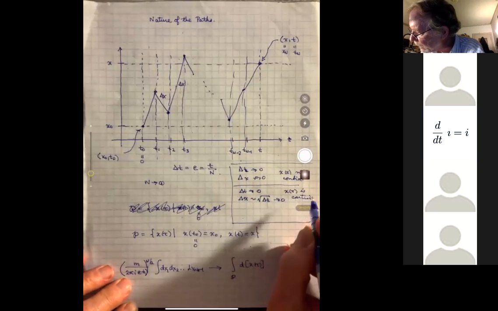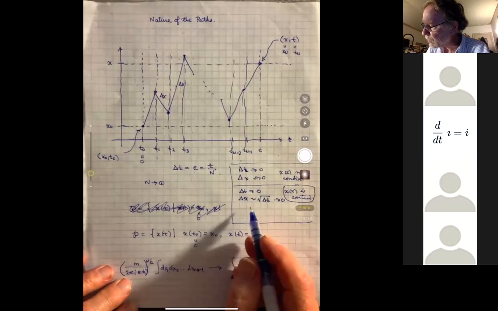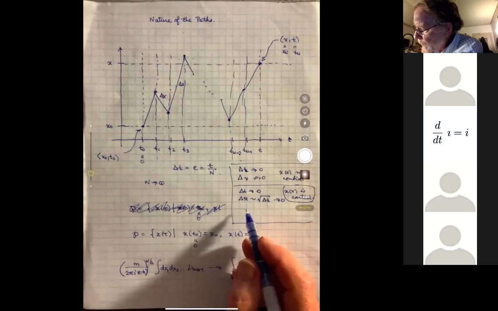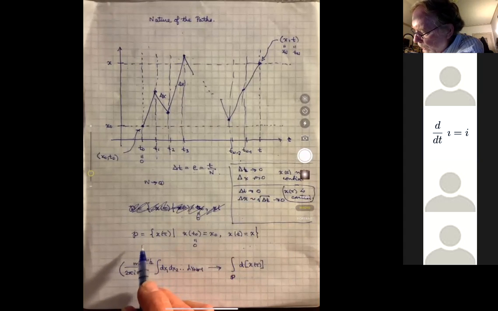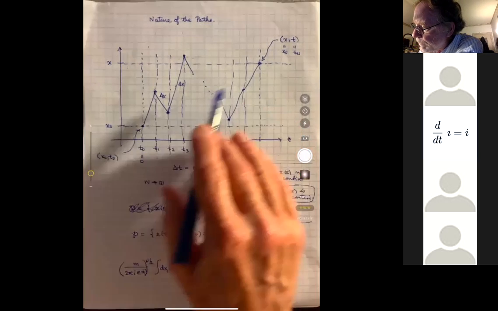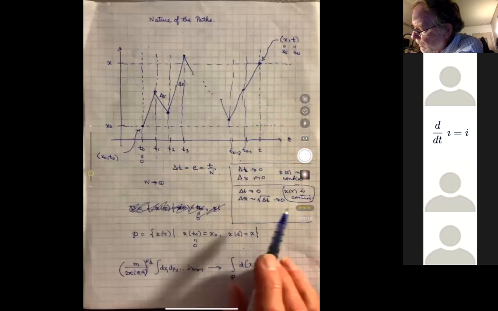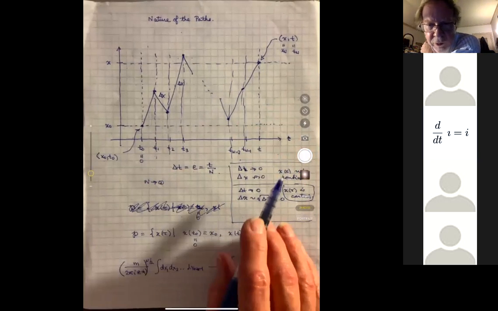So taking into account this fact about the oscillatory nature of the integrand, we come to the conclusion, just intuitively speaking, that this space of paths should be regarded as containing all paths connecting the initial and final space-time points which are continuous paths. It's a better situation than before.